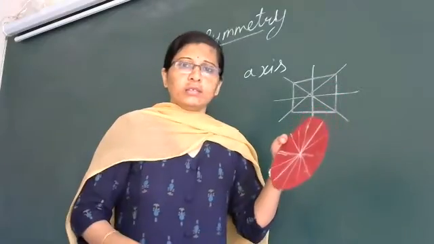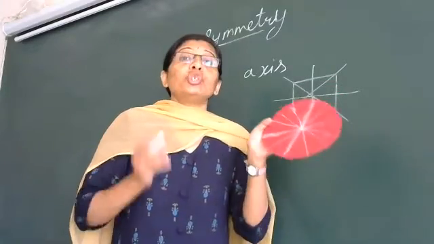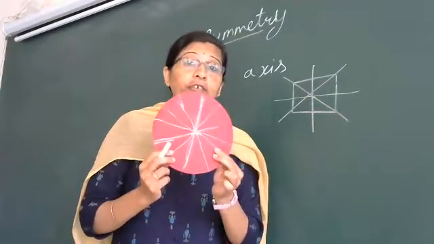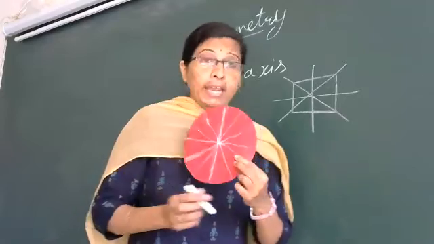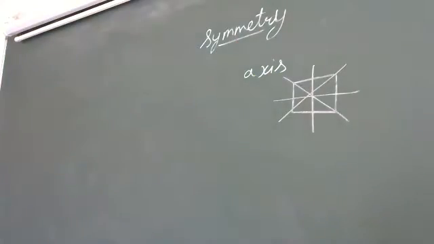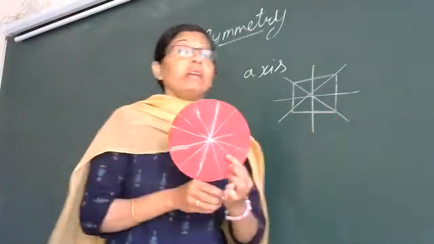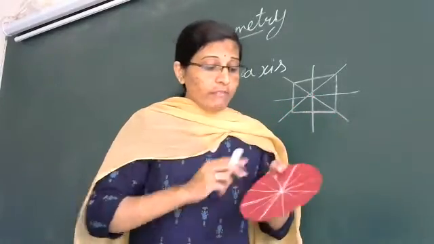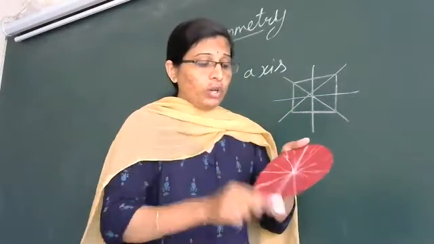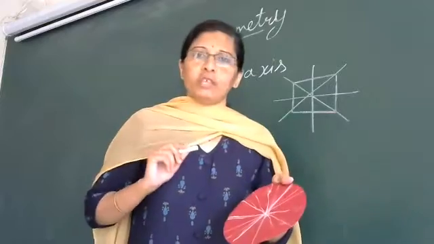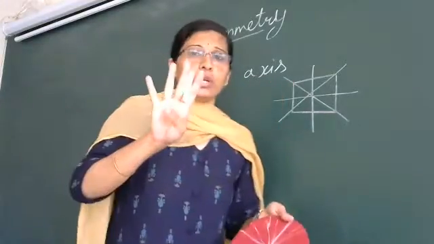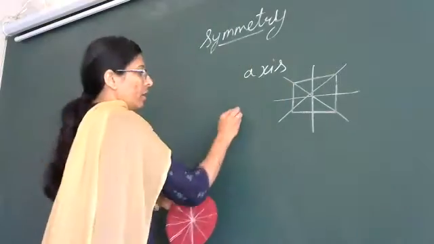You can see. Okay. So a circle is a plane figure which has many lines of symmetry. Many. We can't count because everywhere we draw, we get a line of symmetry. Square has only 4.